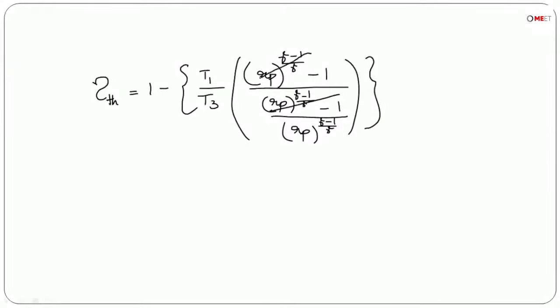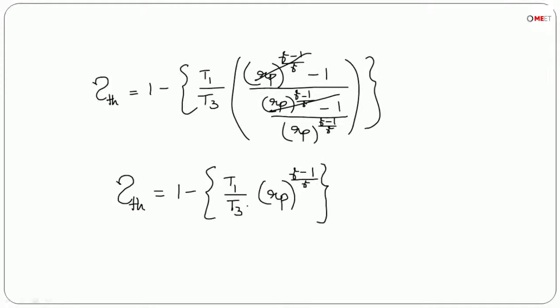So these two get cancelled, and finally the thermal efficiency can be written as 1 minus (T1 by T3) into Rp to the power (gamma minus 1) by gamma. So this is the thermal efficiency.